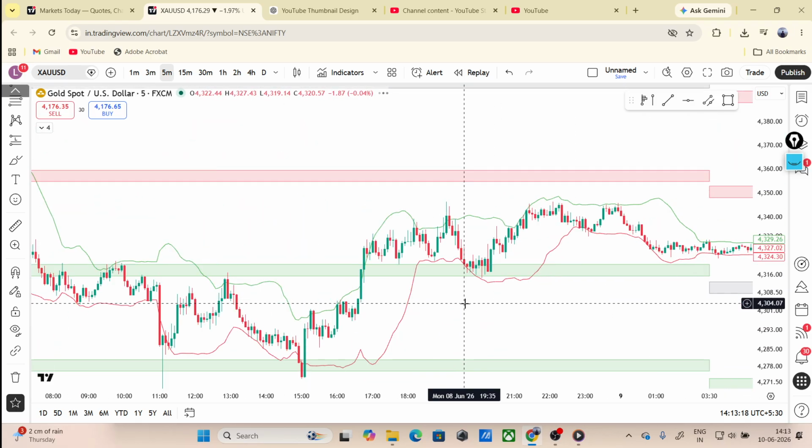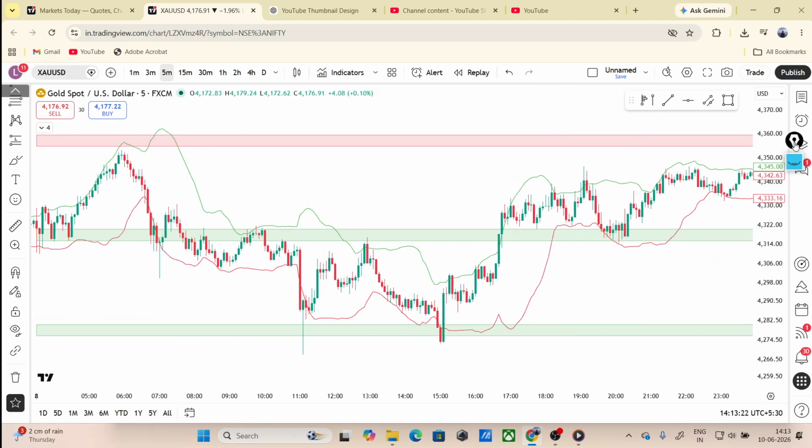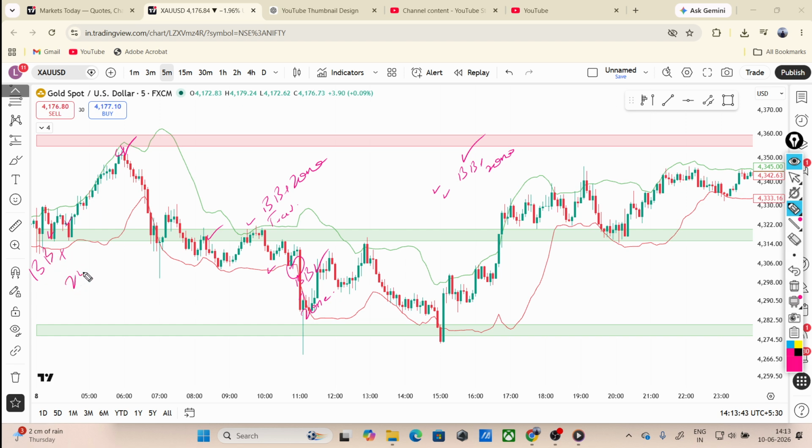Then two trades is enough. See here, one time, two time trade. BB plus zone.